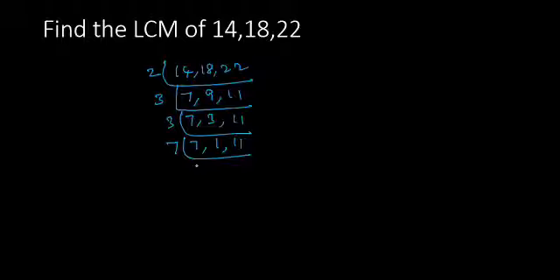Now, we carry 7 and 11 and this goes 1 time. Now divide by 7. Now this goes 1 time and 11, and finally divide by 11. So 1, 1 and 1.